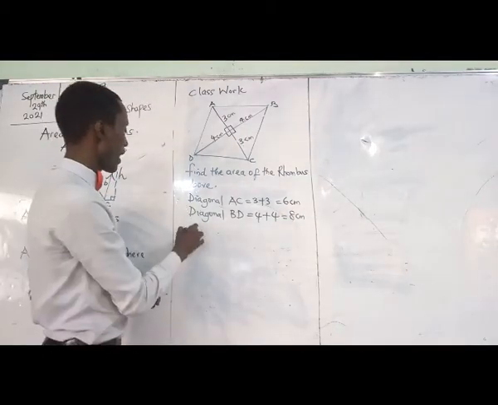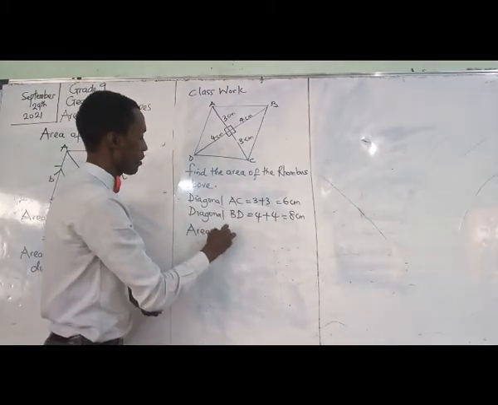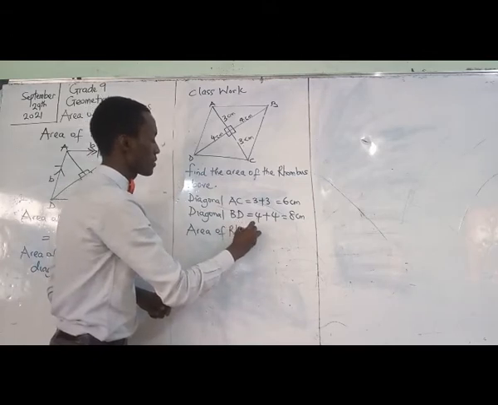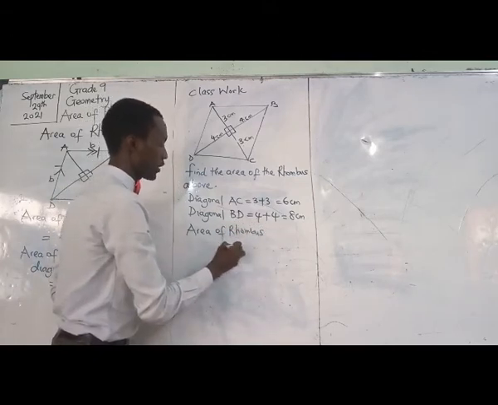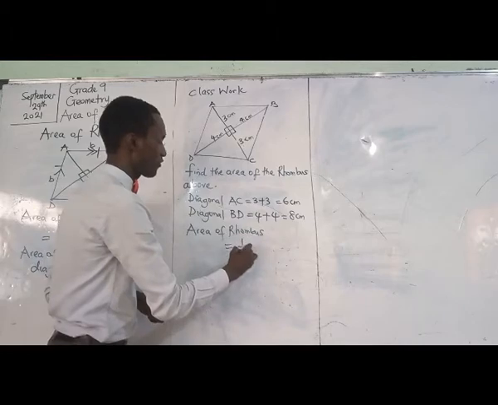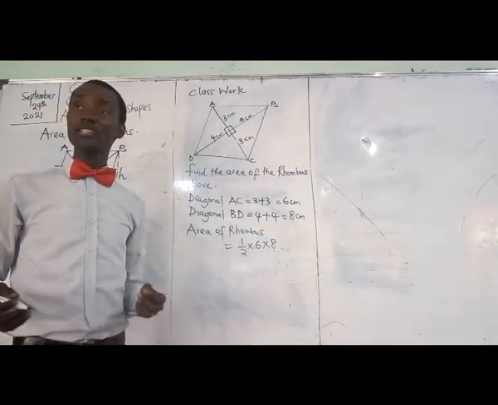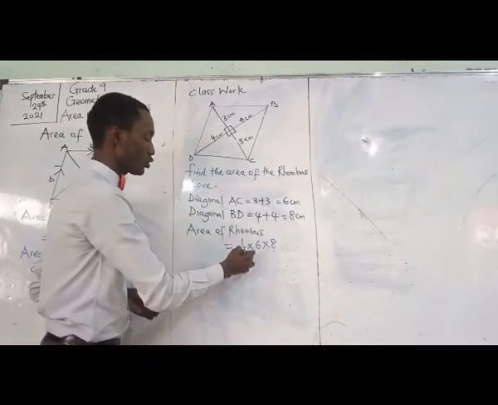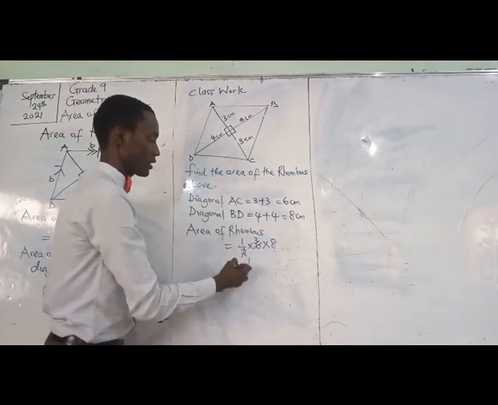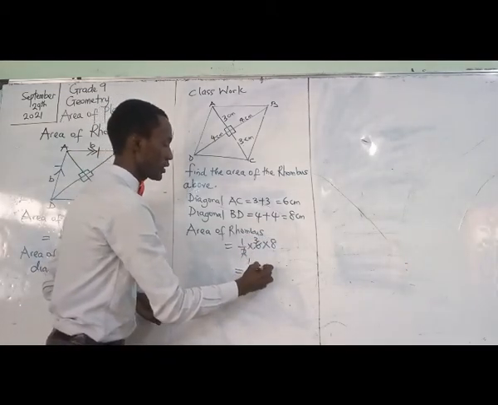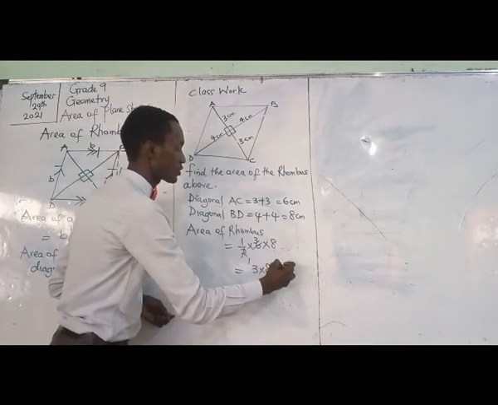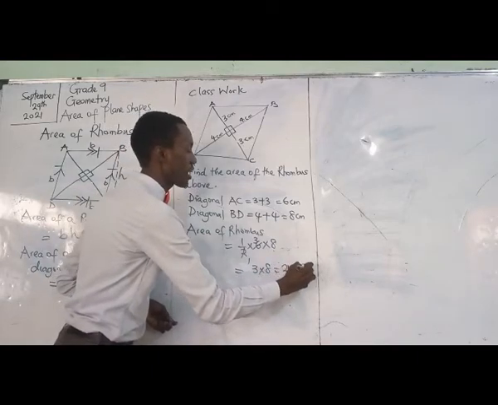So what is the area? The area of the rhombus will be equal to what? Half times 6 times 8. I remember my counsel to you earlier: do your calculations. And that will give you 3 times 8, which will give you what? 24 centimeters squared.